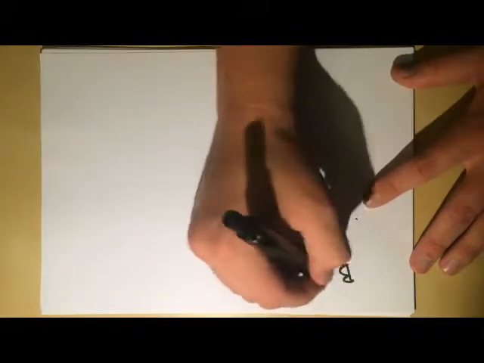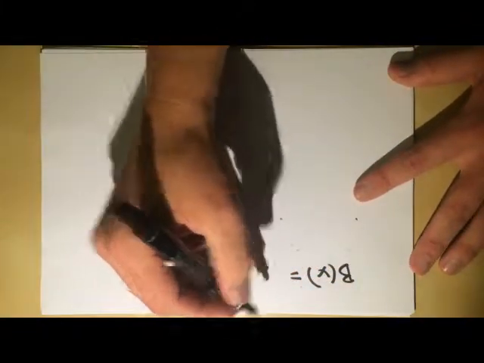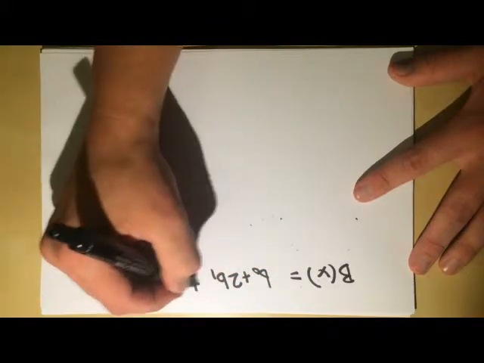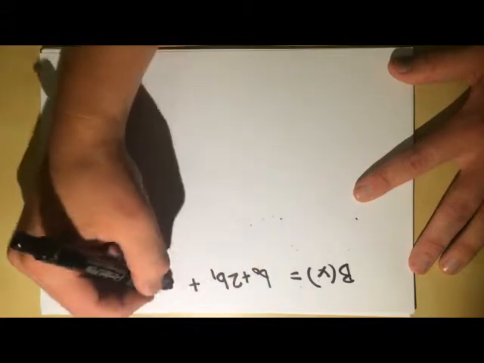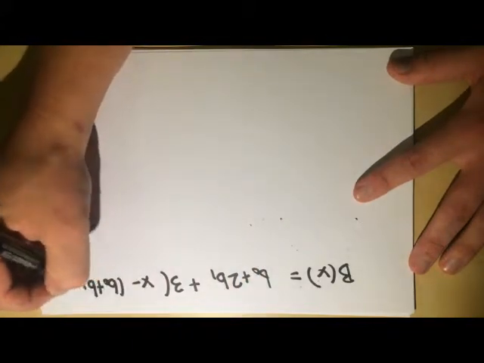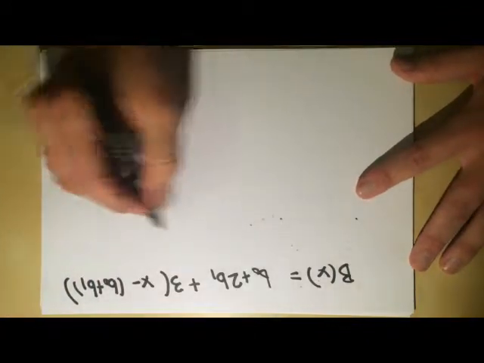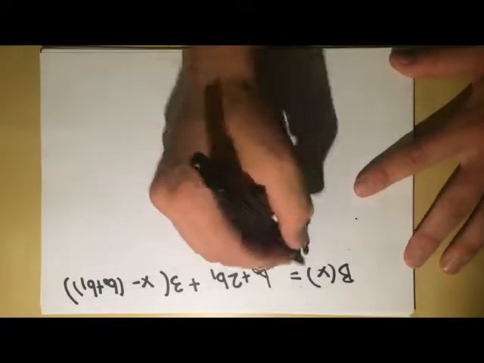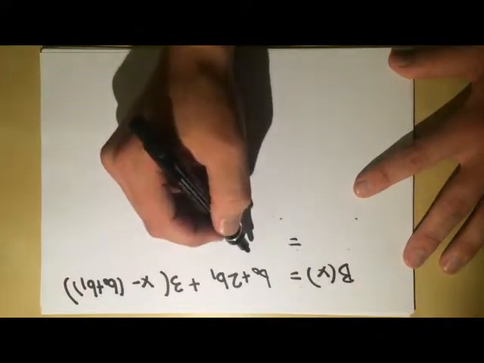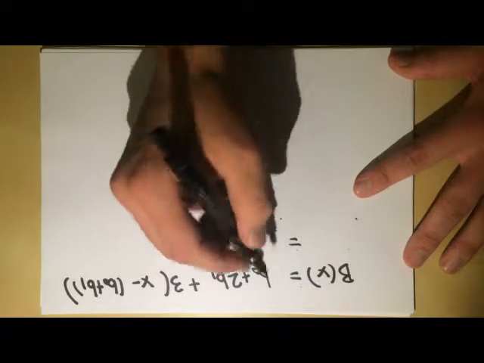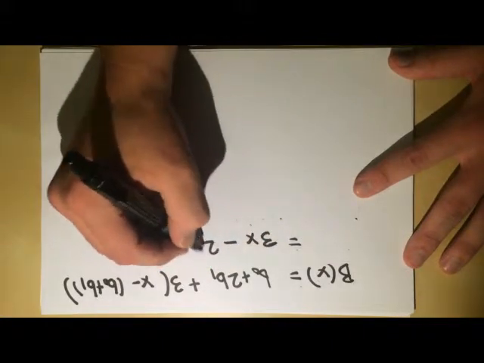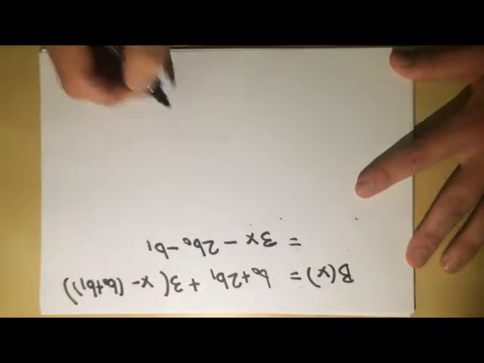Here we have the constant part, b0 plus 2b1, plus, then it ends here, so then we're going to have 3 times x minus (b0 plus b1), like so. So this is what the expression looks like. And then if we write this out, these are going to subtract, and what do we get? We're going to have 3x minus 2b0 minus b1.